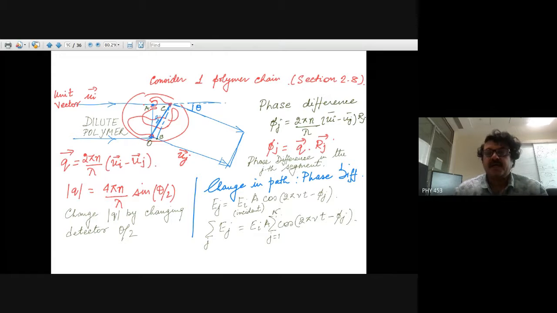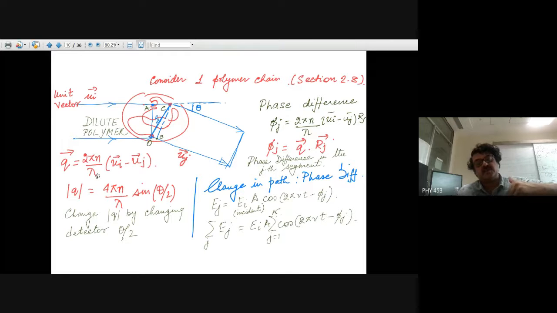into rg. What is rg? rg is the vector joining the two points from where the light has been scattered, say from this point and this point. So that is rg, and we can write down the phase difference as q dot rg. What is q? q is (ui minus uj) times 2 pi n by lambda.